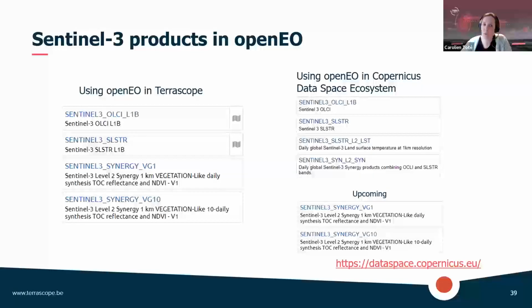Then you can also use OpenEO to connect to the Copernicus Data Space Ecosystem, which is the overall point of access for Sentinel data. There you have the ALSI level 1B products, SLSTR level 1Bs, the land surface temperatures, and the SYN level 2 products. Upcoming are the VG1 and V10 products.